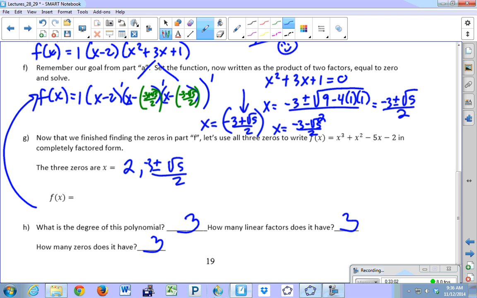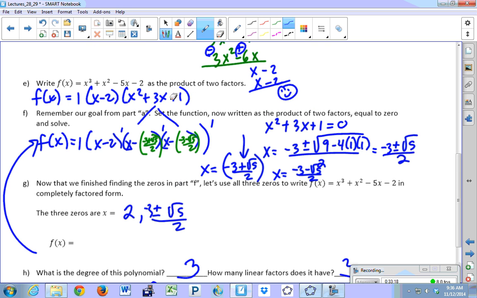Everything's the same. 3 linear factors, 3 zeros. 3 is the degree of the polynomial. So the only change you could imagine is, let's suppose I use the quadratic formula on a second degree trinomial like this. I could end up with complex results, imaginary numbers, non-real complex numbers. That's the only change that we can have here.